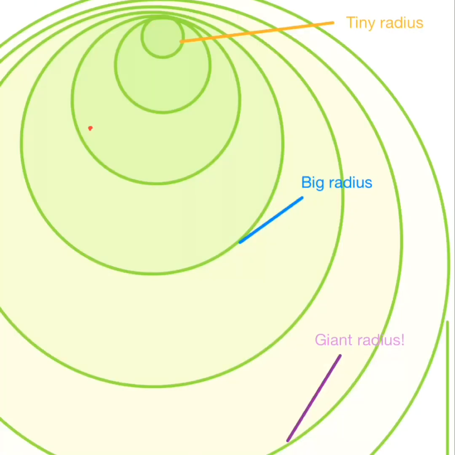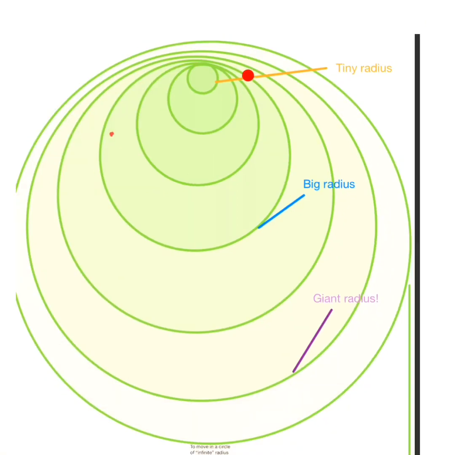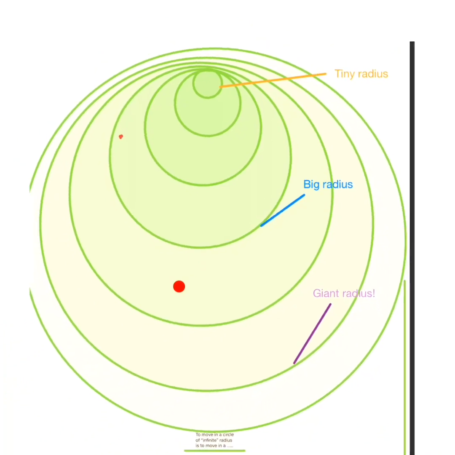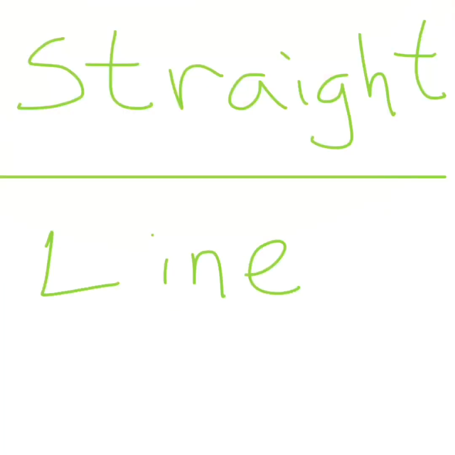Here we see a circle of small radius right here. Here's a circle of a larger radius, and here's a circle of a still larger radius. Taken to the extreme, to move in a circle of infinite radius is to move in a straight line.